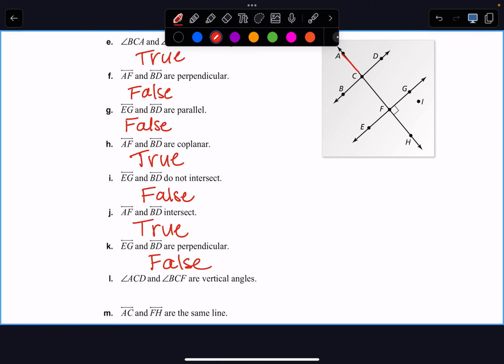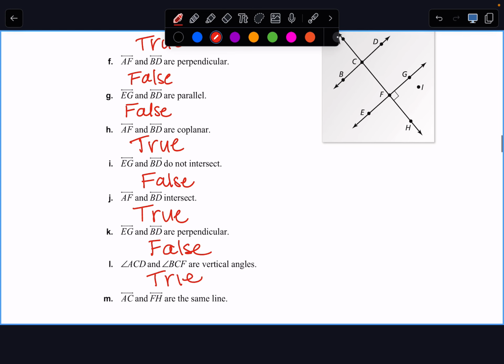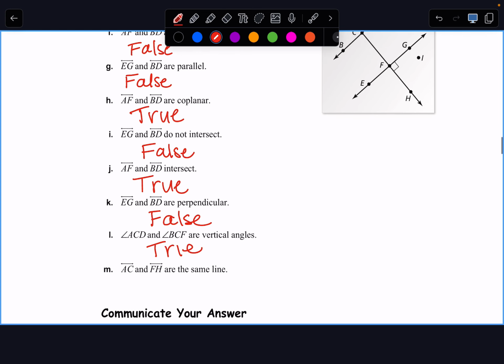ACD, C, and BCF, vertical angles. True. AC and FH are the same line. That is also true. All four of those points are on the same line, so we can name these differently. Okay? I oftentimes have students who get frustrated with this exercise.